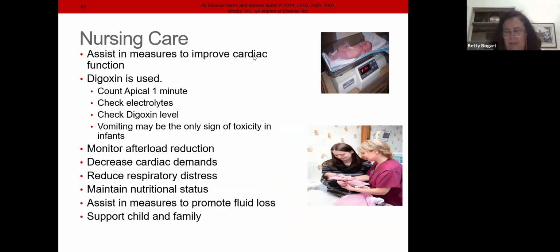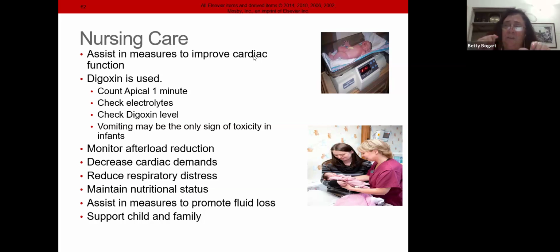Now, giving digoxin is just like with adults. I have a whole dissertation here all about it. Remember, digoxin in adults: apical pulse, 1 minute, check the potassium, check for drug levels. With infants, can they tell you they see yellow spots, or they're nauseous or anything? Absolutely not. But they'll vomit, won't they? That you can see.